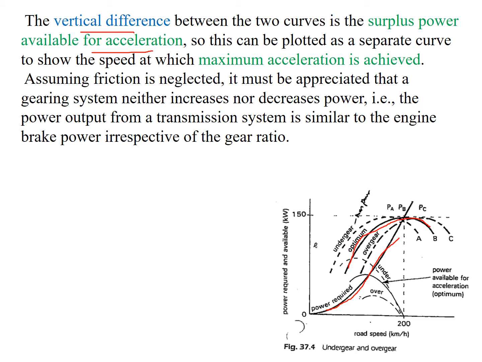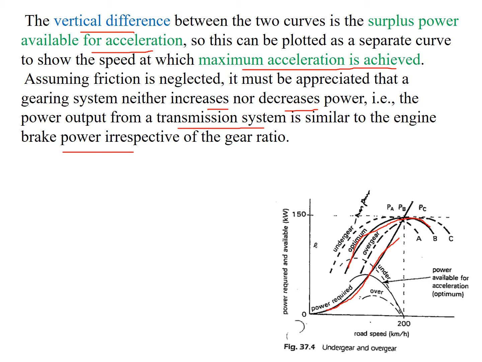This can be plotted as a separate curve to show the speed at which maximum acceleration is achieved. We can know what kind of acceleration the vehicle can do. Assuming friction is neglected, it must be appreciated that the gearing system neither increases nor decreases power. That is, the power output of the transmission system is similar to the engine brake power, irrespective of the gear ratio.